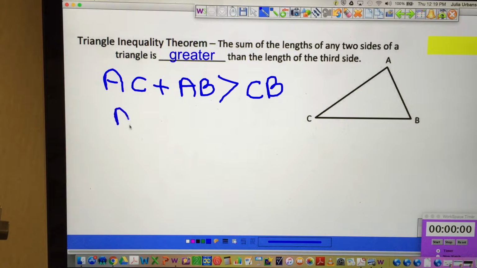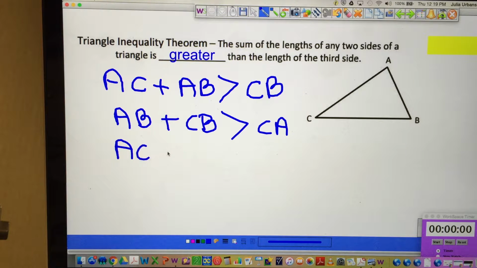That has to be true for all of them. AB plus BC would have to be greater than AC. And the last one that has to be true is that AC plus CB, when you add them together, they would have to be bigger than AB.